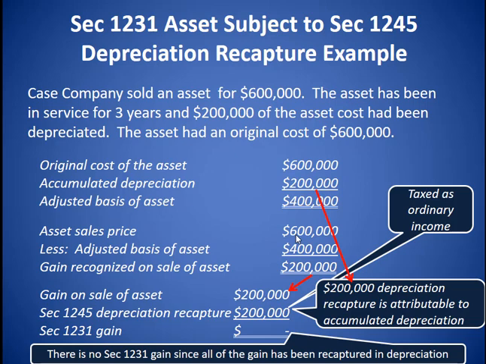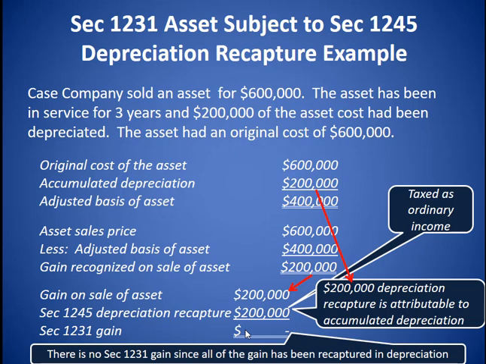Let's assume right now that we sold the asset for $750,000. So our gain on the sale of the asset would be not $200,000, but $350,000. We subtract out our $200,000 depreciation recapture, and that means we would have $150,000 Section 1231 gain.